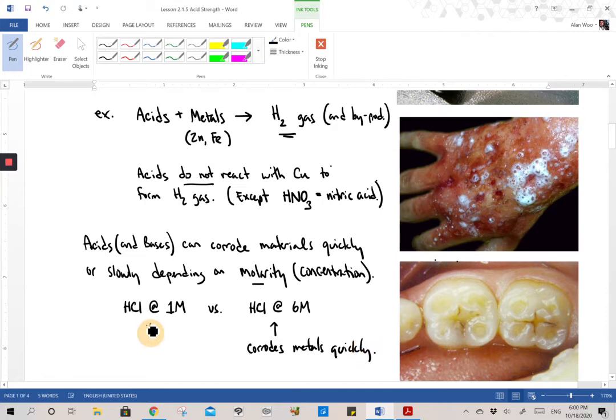Whereas the 1 molar concentration is similar to the concentration of hydrochloric acid in your stomach, and it doesn't corrode very quickly, so it corrodes metal slowly.